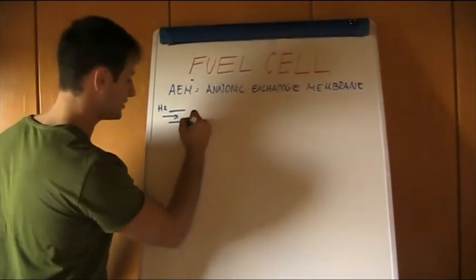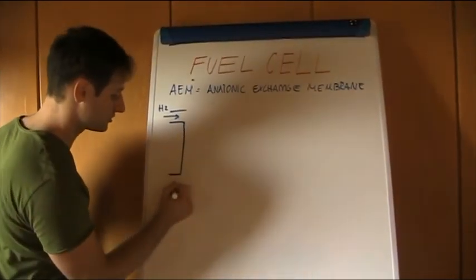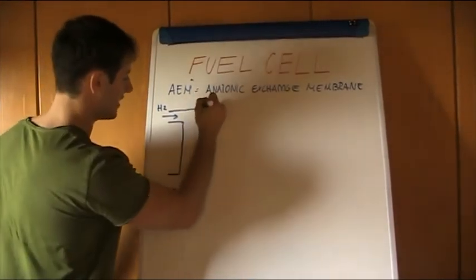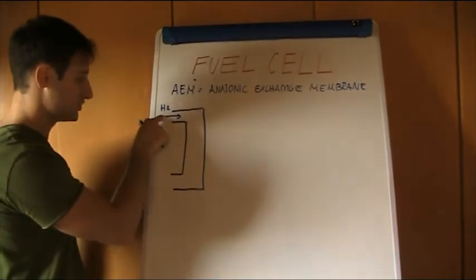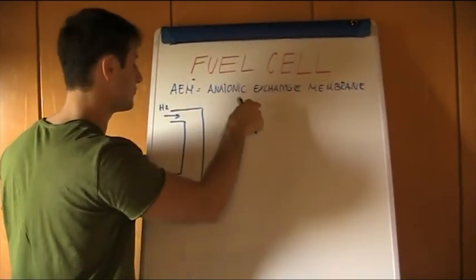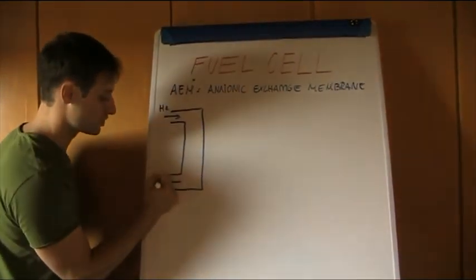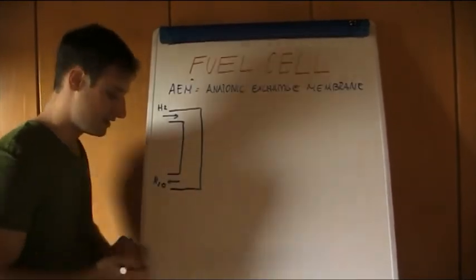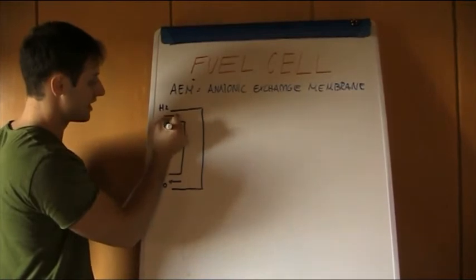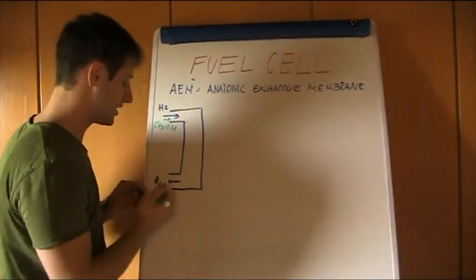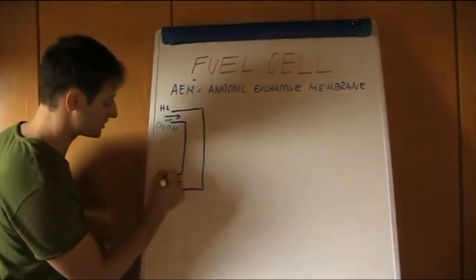The only thing that changes is basically the product of the reaction. If hydrogen is used in an ionic exchange membrane fuel cell, the product of the oxidation is water. If methanol is used as fuel, the product is carbon dioxide.